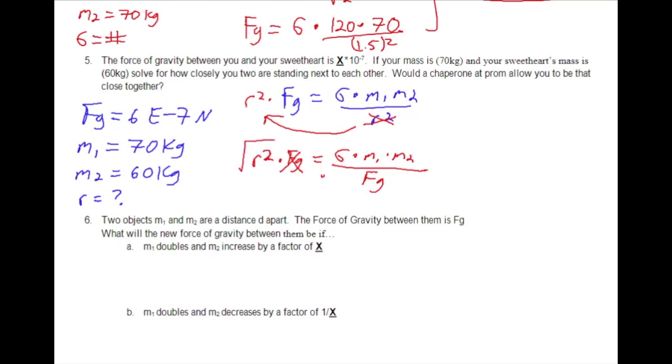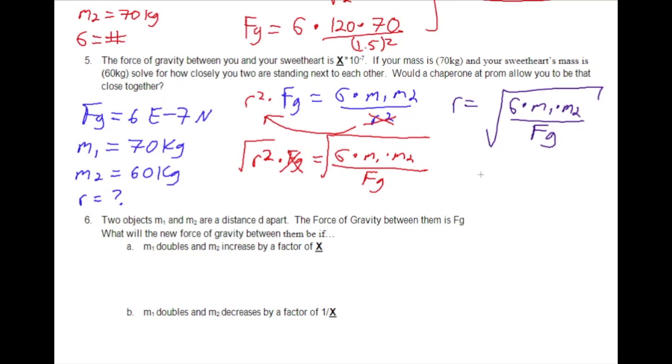So I'm going to go ahead and square root both sides. By doing that, the squared goes away, and I'm just left with the following equation. R is equal to the square root of big G times m1 times m2 all over Fg. Now, all I have to do is just plug my numbers in and get my answer.